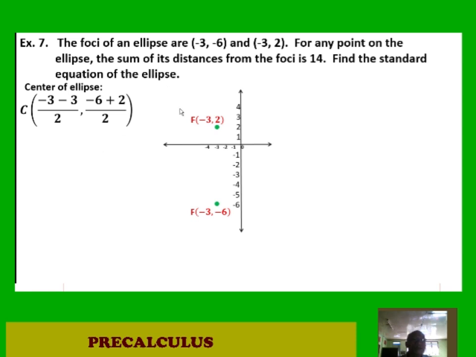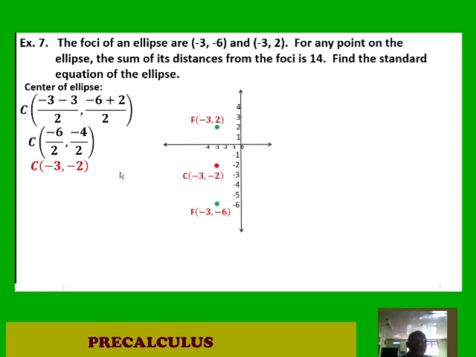We add negative 3 and negative 3 divided by 2, and 2 plus negative 6 divided by 2. So the midpoint, which is the center of the ellipse: negative 6 divided by 2 is negative 3, and negative 4 divided by 2 is negative 2. So the center of the ellipse is (negative 3, negative 2).